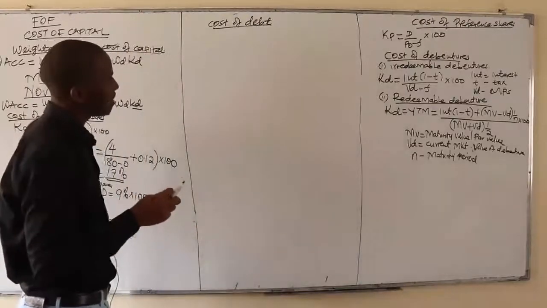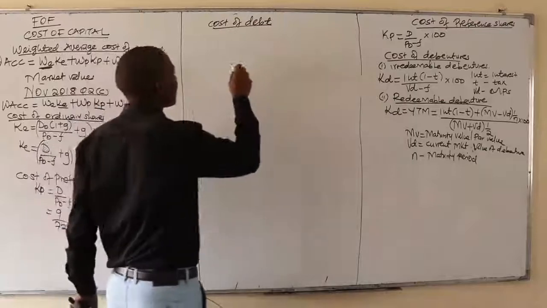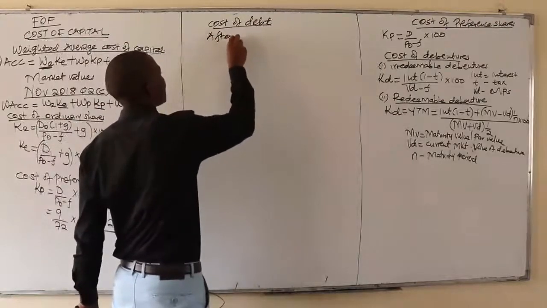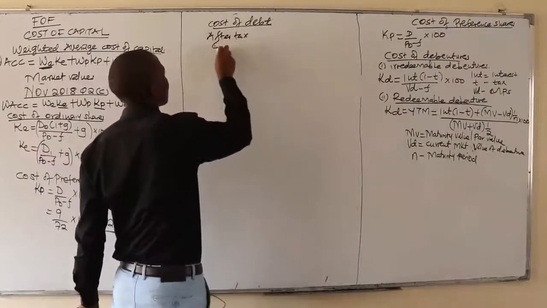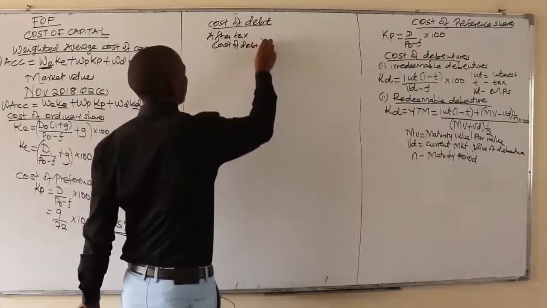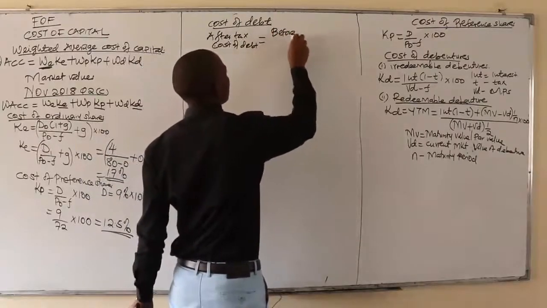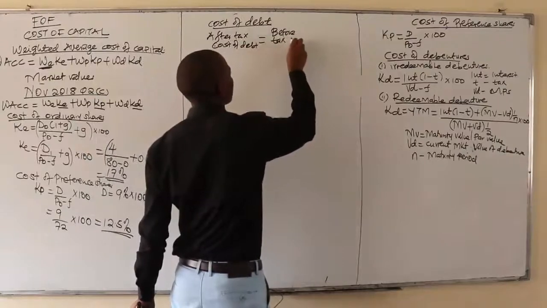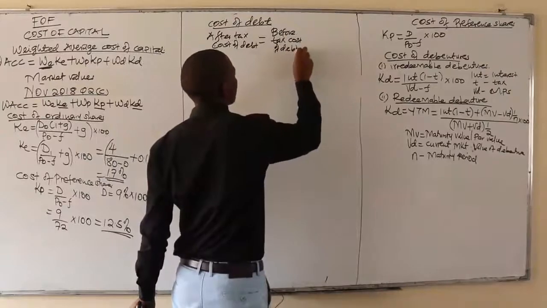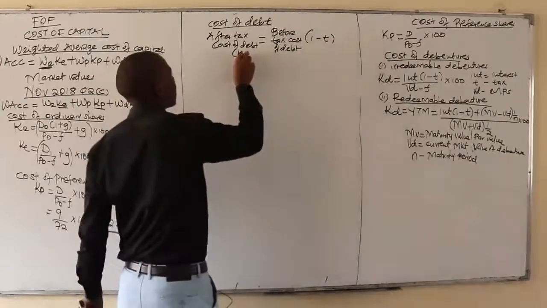Therefore, to get the cost, you say the after-tax cost of debt will be equal to the before-tax cost of debt times one minus the taxation. This is now the Kd.